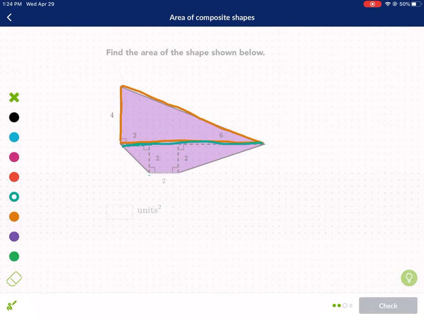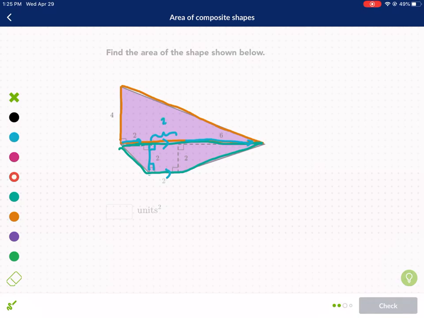So we're going to treat this as a trapezoid and one big triangle. Now we need to figure out some distances because we only know that this is 2. This is 6, so we're missing this distance right here, but since this is perpendicular, therefore parallel, we know that this distance is 2.